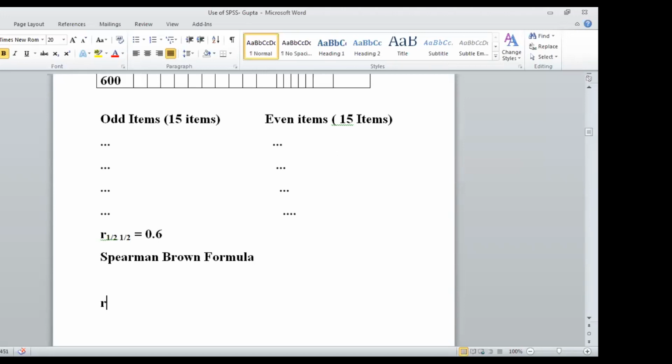And it is R11, which will be equal to the formula they gave: you have to multiply R half-half by 2.